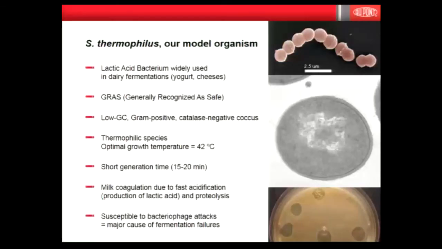It has a quite high optimal temperature for growth, and it's able to divide very quickly, so in a short amount of time we obtain a high density of cells. Because they also produce lactic acid very efficiently from the lactose in milk, they are used to get a drop in the pH of the milk in order to transform it into something that we like, cheese or yogurt.